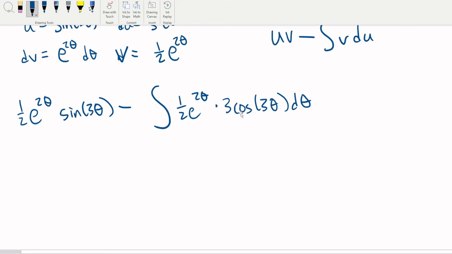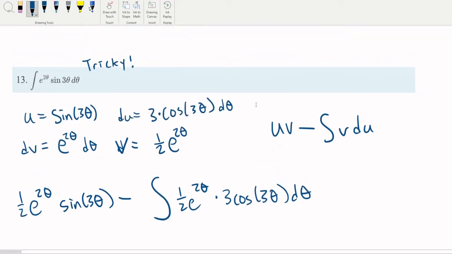We have not made this easier. We've just switched to cosine. But what we hopefully can see is that if we do this process again, we're going to get ourselves back to sine here. It'll still be an e and then something with sine. But remember what we're doing here. This is equal to uv minus the integral of v du.